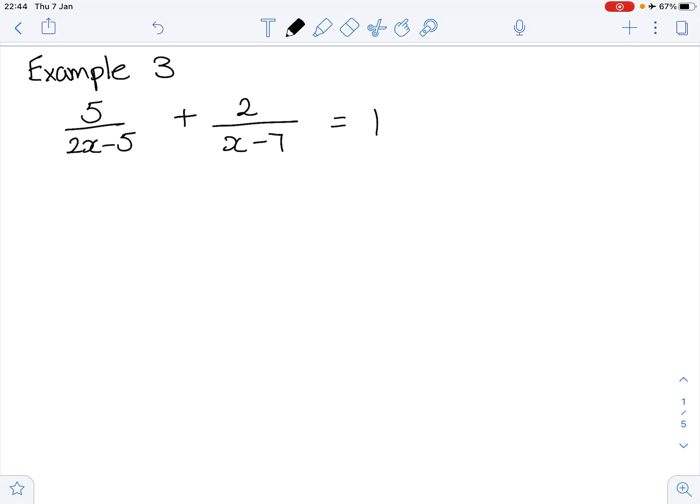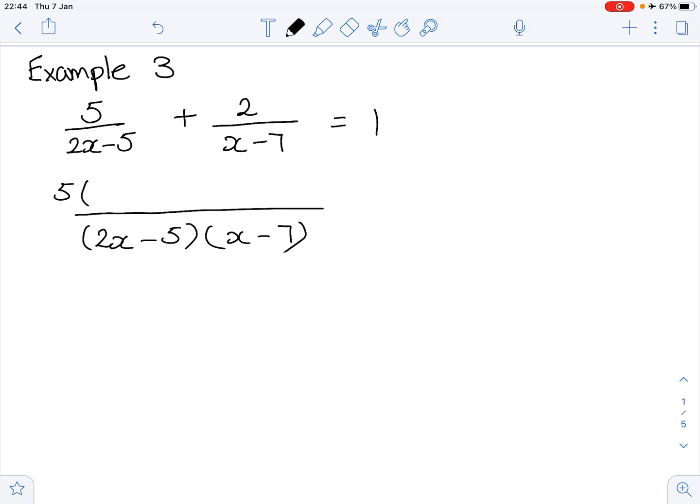Again, we need to write as a single fraction, and in a single fraction, they need to have a common denominator. In this case, it's going to be 2x minus 5 times x minus 7 as the common denominator. Then we do our multiplication.